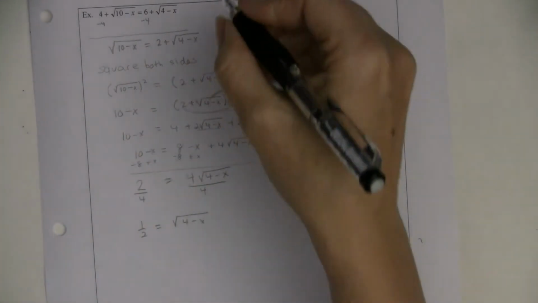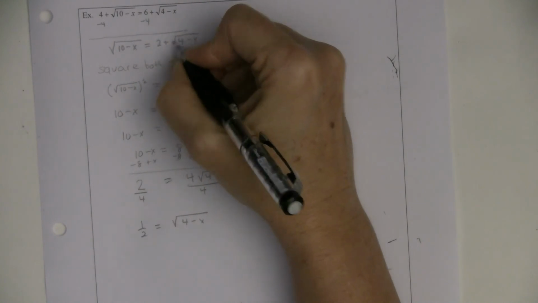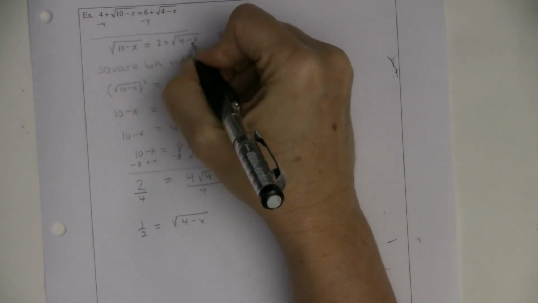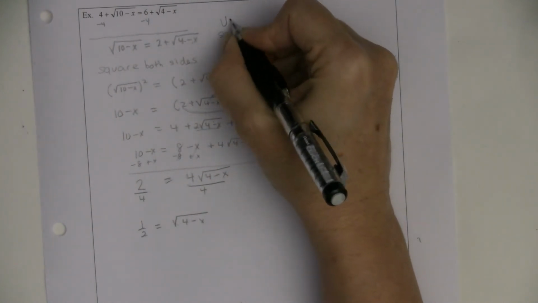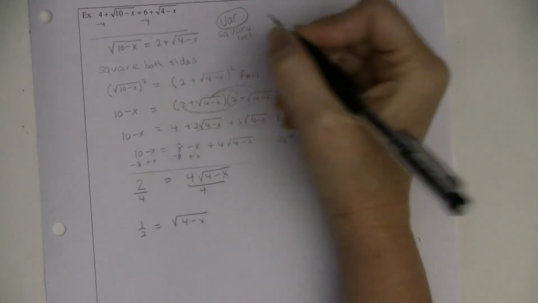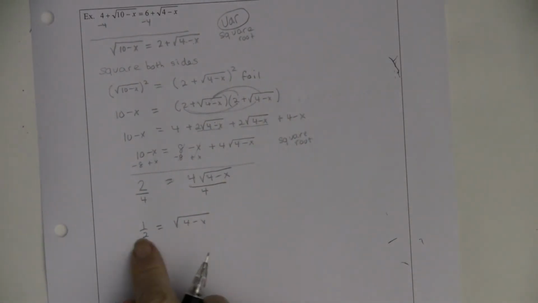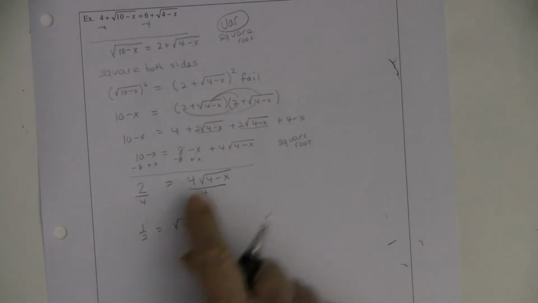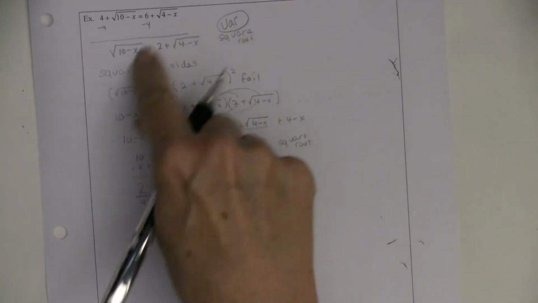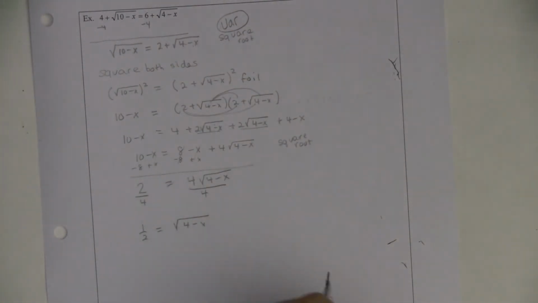Now, from the beginning, because I had the variables on both sides when I had this one isolated, meaning you have to check. And so even though I get here and I have just the number on the side, because up here I squared both sides, I could have an extraneous solution here.